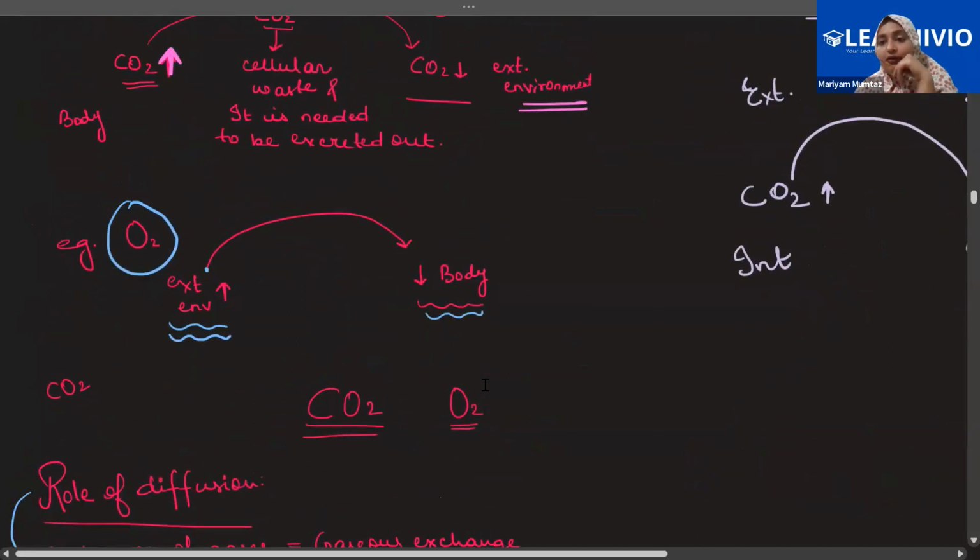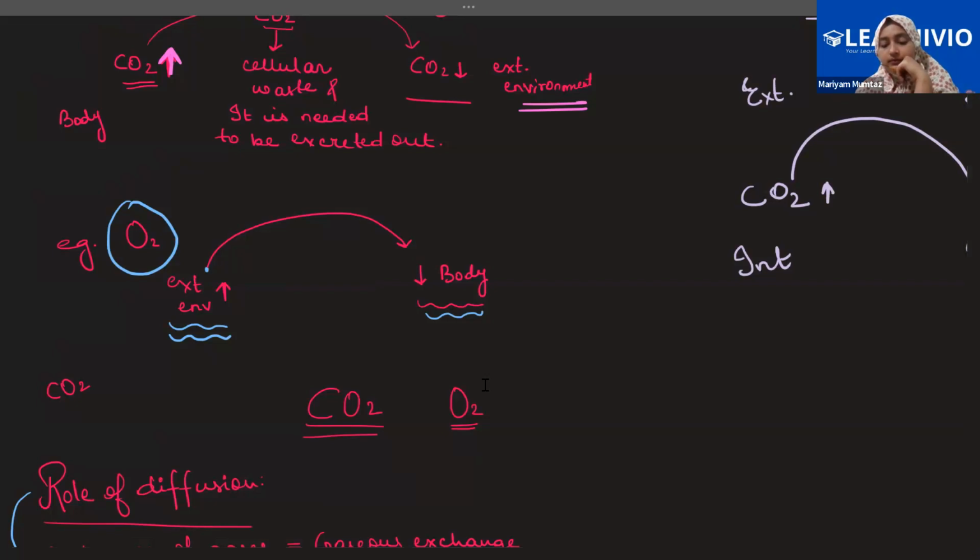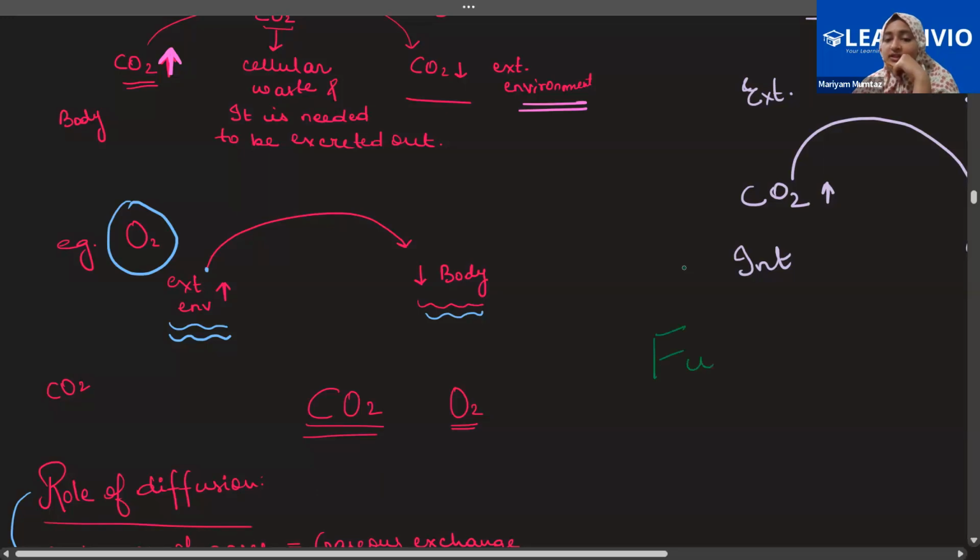Okay. The cell wall in the plants, it is made up of what? Ma'am, cellulose. Very good. Cellulose. And do you know what the cell wall of fungi is made up of?